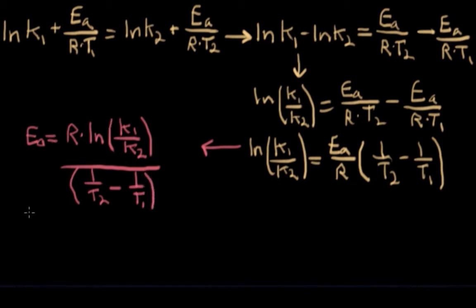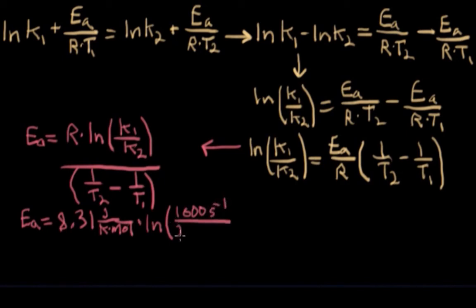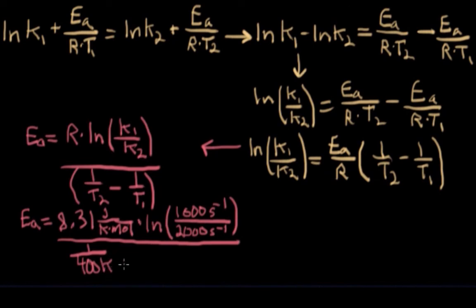Plugging in our values, we get E sub A equals 8.31 joules per Kelvin times mole times the natural log of 1,000 seconds to the negative 1 divided by 2,000 seconds to the negative 1, all divided by 1 over 400 Kelvin minus 1 over 300 Kelvin.